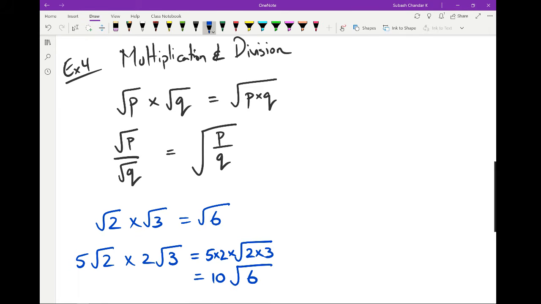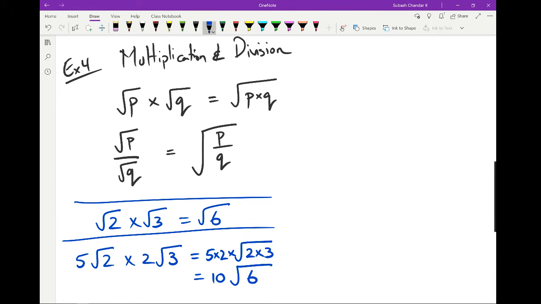So you end up getting 10 square root of 6. Okay, and likewise for division, we will come back to division, but that's just the basic idea.